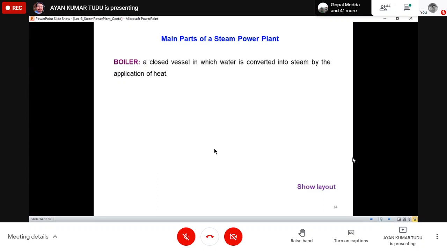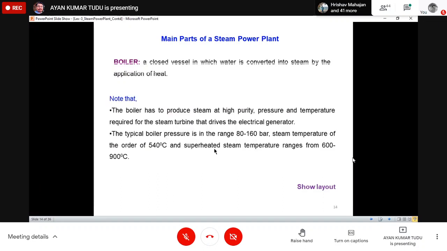Now, obviously, we know that the boiler has to produce steam at high purity, pressure, and temperature, which is required for the steam turbine that is actually driving the electrical generator.